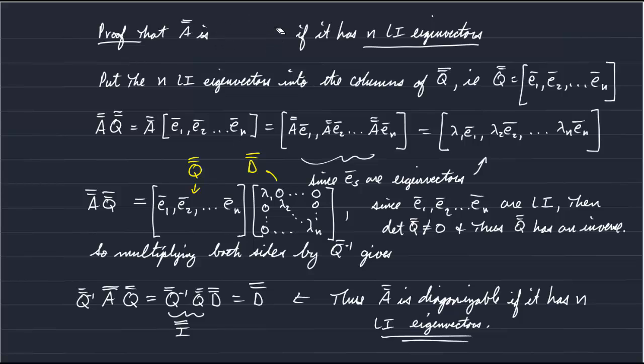Noticing I spelled diagonalizable, I got kind of tongue twisted and spelled it wrong. Let's see if I can do it right this time. Diagonalizable. Good.